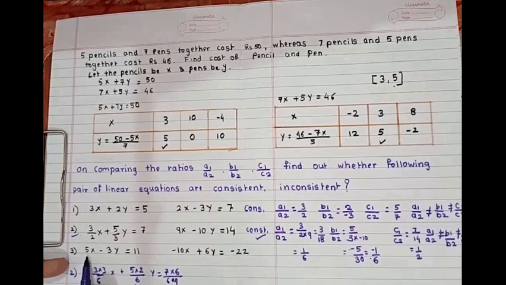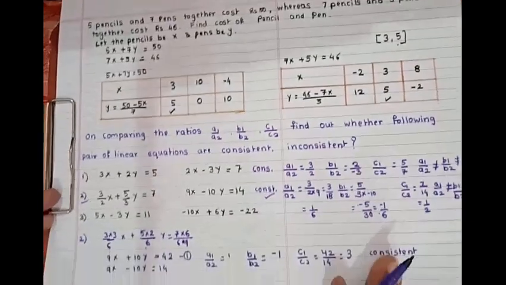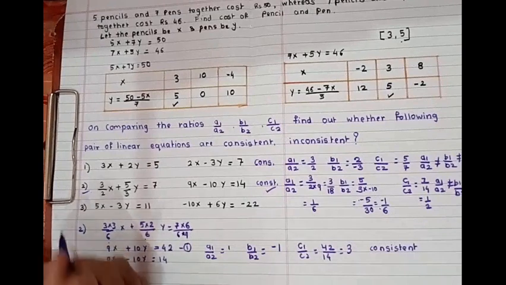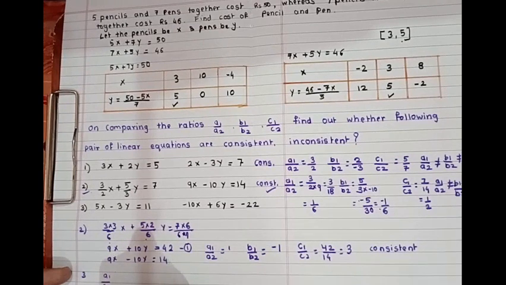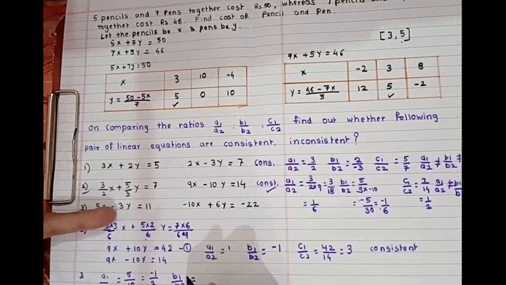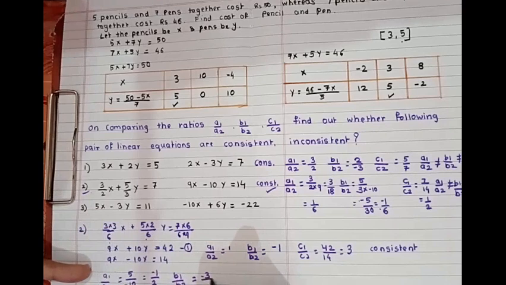Third one, 5x minus 3y is equal to 11 minus 10x plus 6y. So for the third, a1 upon a2 is equal to 5 upon minus 10, that is minus 1 upon 2, b1 upon b2, that is minus 3 upon 6.